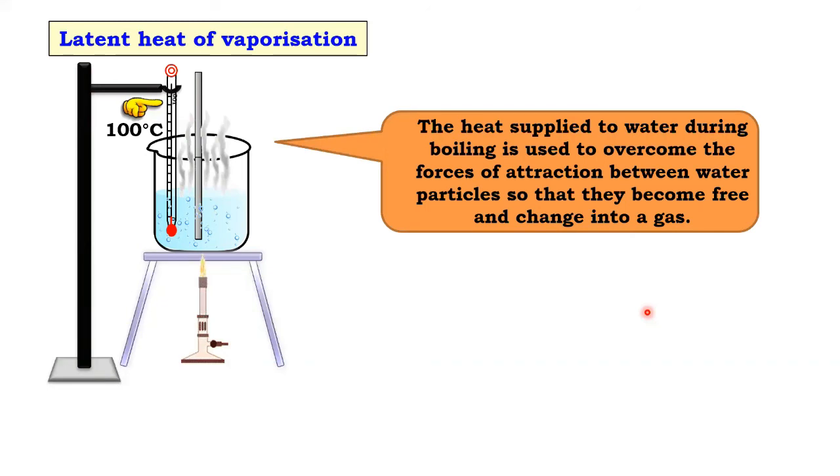So once we apply heat energy to these particles, the force of attraction is broken between them, and the particles will move further away from each other, leading to the formation of the gaseous state. We have seen that the particles of the gaseous state usually are very far away from each other, right?